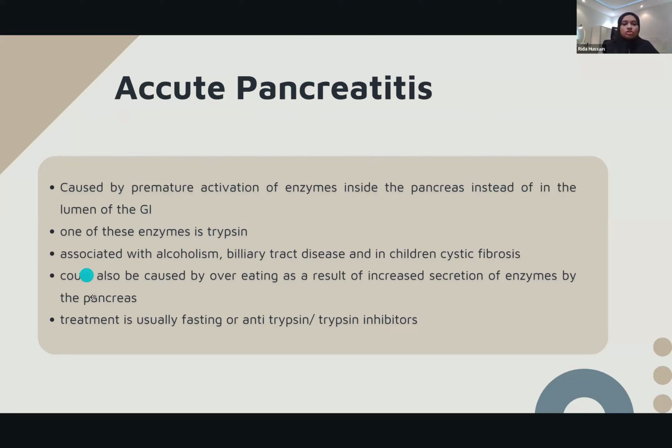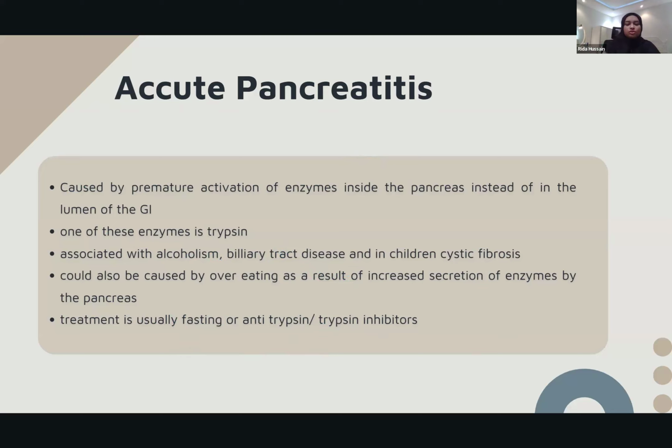And the treatment usually is fasting. This is really important, or antitrypsin or trypsin inhibitors. I don't know if you need to go into the specifics or the statistics, but in women with biliary tract disease, the statistics show that women are more susceptible to acute pancreatitis, and in people with alcoholism, men are more susceptible.